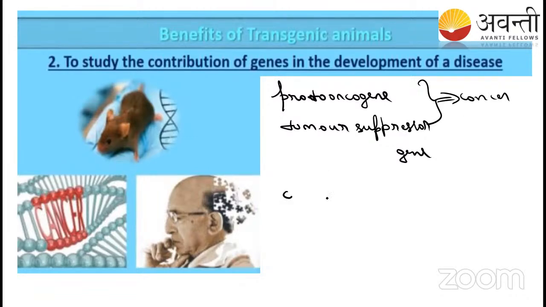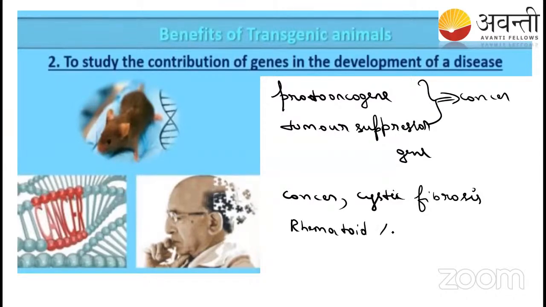They have studied cancer, cystic fibrosis, which is a gene-related disease, and rheumatoid arthritis, which is joint pain, using the transgenic animal. All these diseases are caused by genes. If a disease comes from a gene, they can know the particular product of this gene, and they can produce a medicine, right?